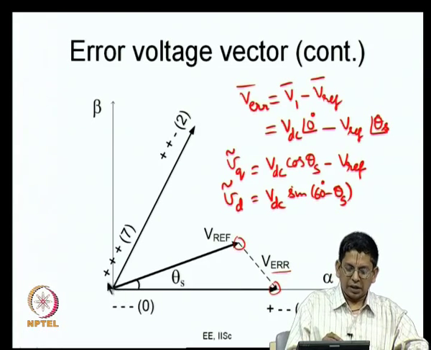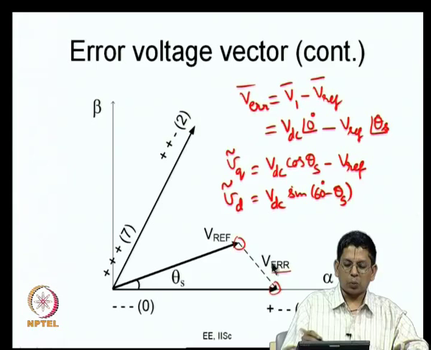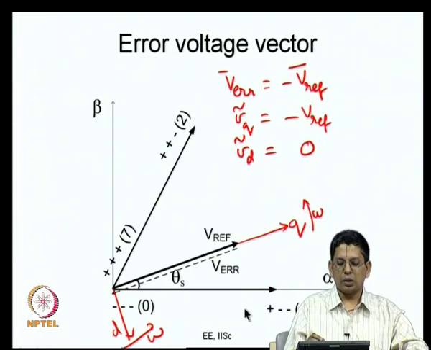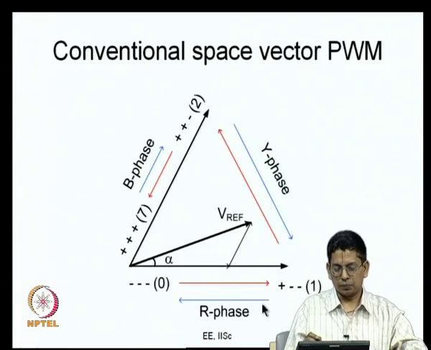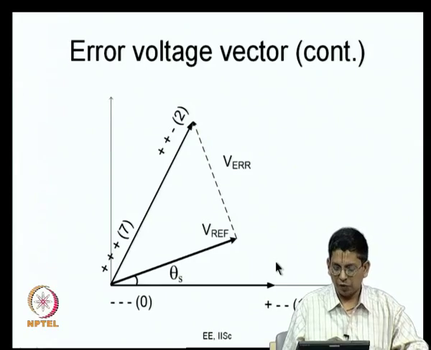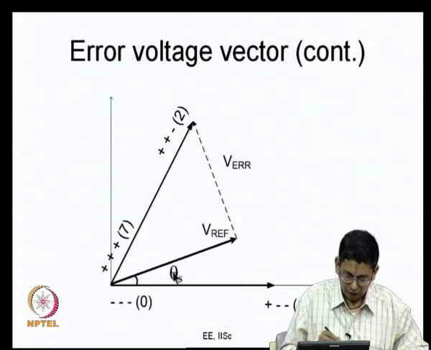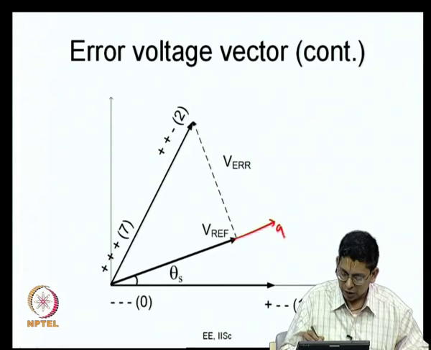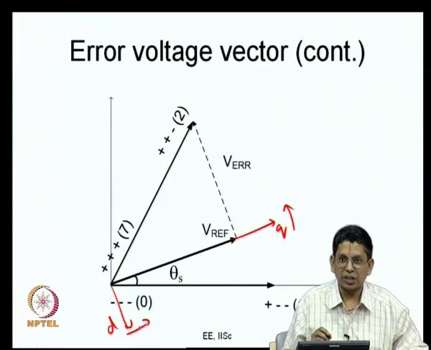Now, we have covered the case of the null vector, we have covered the case of active vector 1, and the only thing remaining is active vector 2. So, let us go to this active vector 2. Here, we can consider this your q axis and this is the d axis, and both of these are revolving at omega, but now you are considering a snapshot.